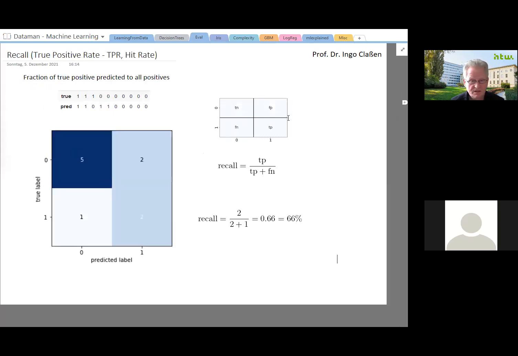So that's the recall, the true positive rate or hit rate. How many you really hit? The fraction of true positive predictions to all positives. In this case, 2 of 3. That's the recall. The next thing is called precision.